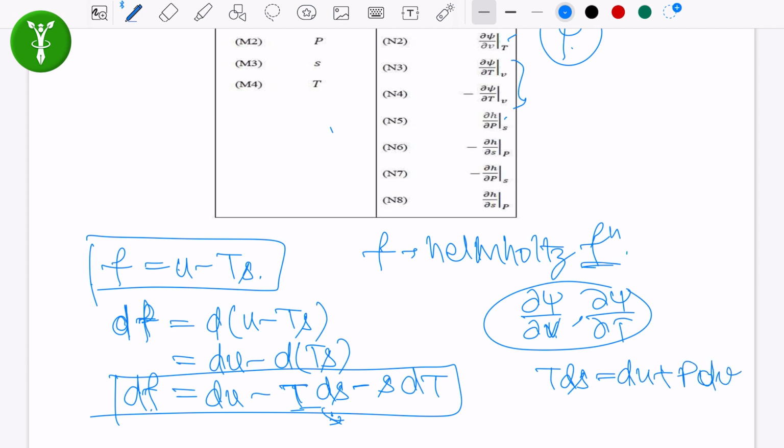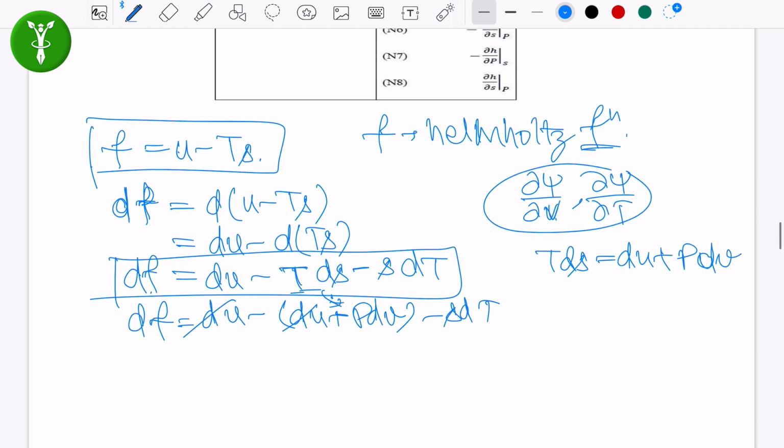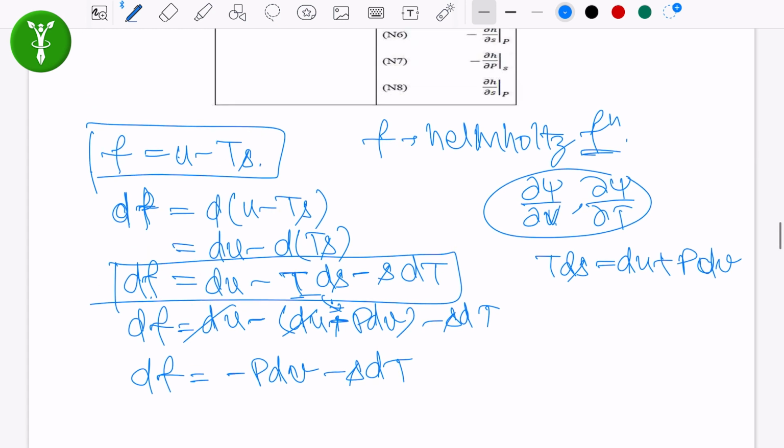So use this relation here: du minus du plus PdV, minus SdT. So du will be cancelled and the minus will make both the terms negative. So df is equal to minus pdv minus sdt. So now what has been asked?